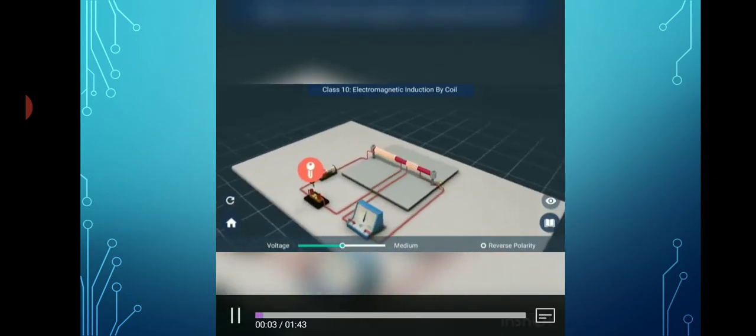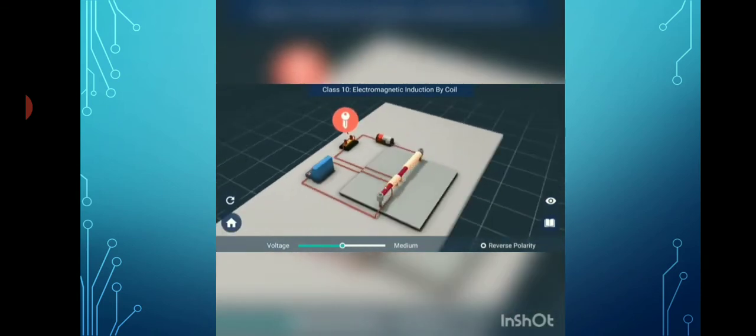Okay, here instead of a bar magnet, we have taken two coils. Okay, two coils. Let me explain about that. Take two different coils of copper wire having a large number of turns.